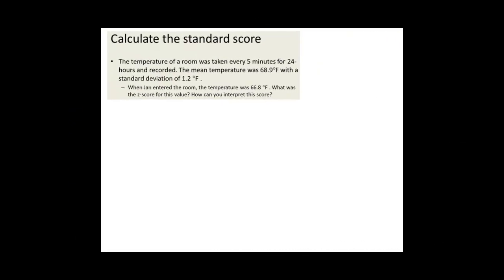Example number 2. In this example, we're going to look at temperature data. Temperature of the room was taken every 5 minutes over a day and recorded. The mean temperature was 68.9 degrees Fahrenheit with a standard deviation of 1.2 degrees Fahrenheit. When Jan entered the room, the temperature was 66.8 degrees Fahrenheit.